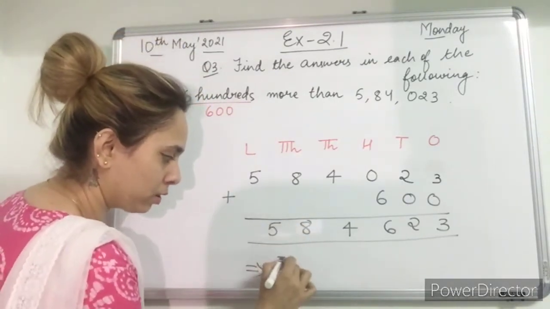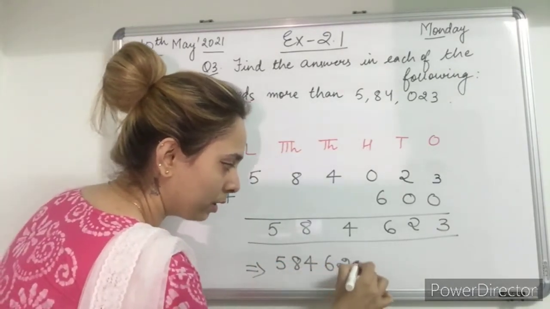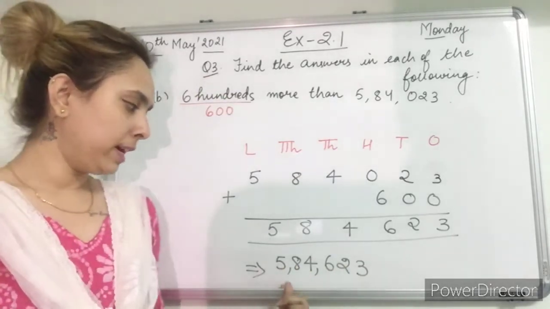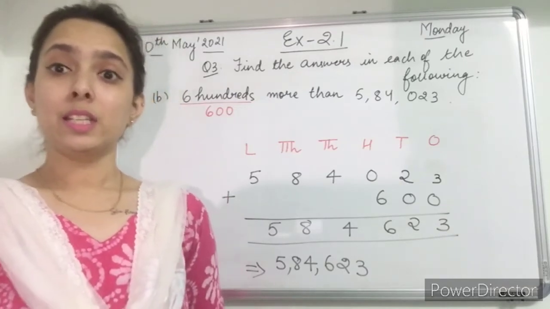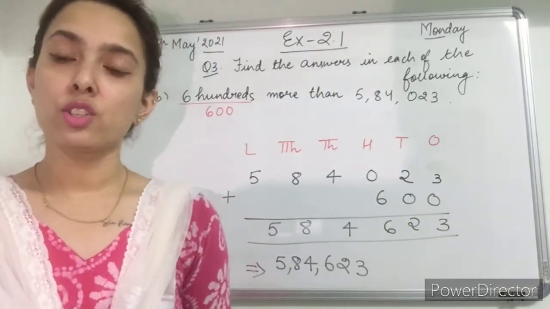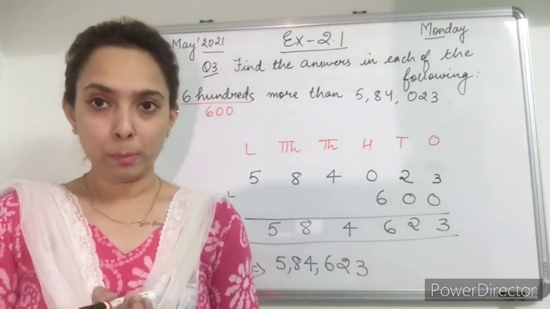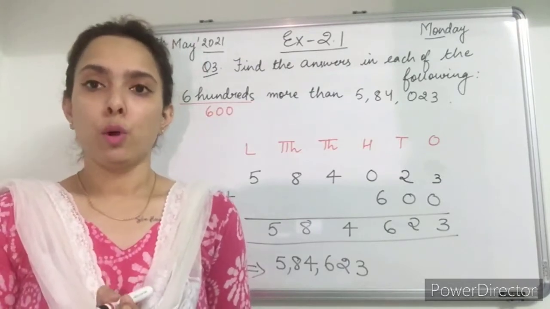And 5. So I will write the answer again using the periods. So the answer is 5,84,623. So students, see how easy these questions are, and if you are following my method, it would be much easier for you all to follow.